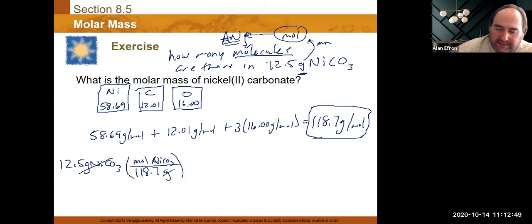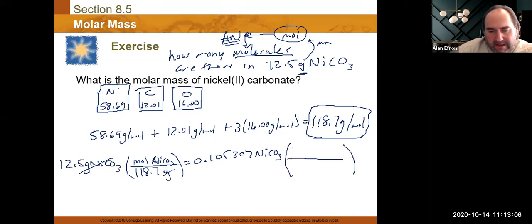Again, you don't necessarily need to get an answer at this point. In case you did, you would have something like 0.105307. Again, taking it to a number of sig figs so I don't lose any. At this point, we now have moles of nickel 2 carbonate.